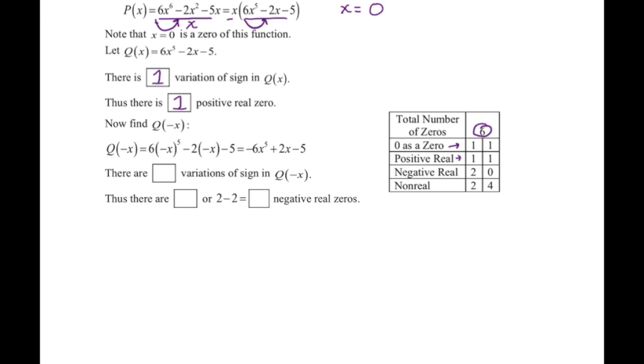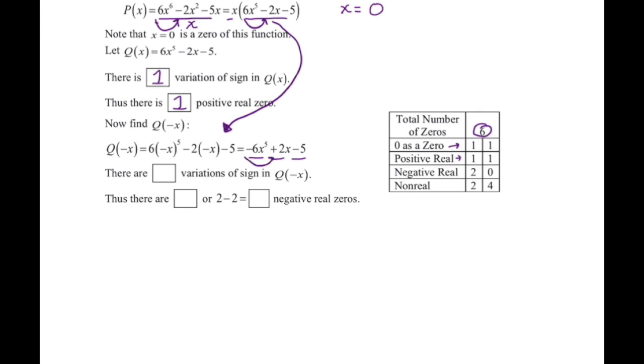And then let's look at the negative value. So if I substitute everything with negative x into my reduced polynomial here, notice I'm using my reduced polynomial. Negative x to the 5th is a negative value because we would end up with negative 6x to the 5th. Negative x times negative 2 turns into a positive, and the negative 5 stays the same.